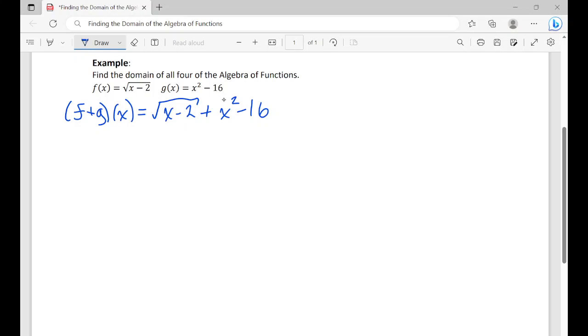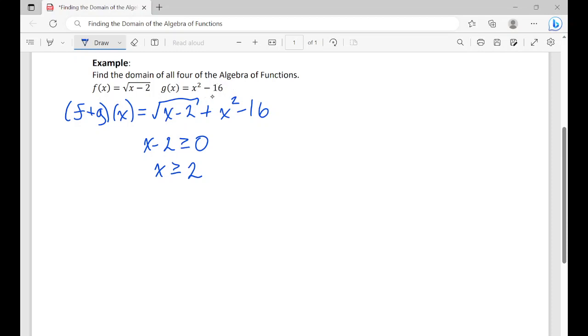In this case, we have no fractions to deal with, but we do have a square root, the x minus 2 over here. So we're going to take our x minus 2 and set it greater than or equal to 0 and solve. When we do that, we're going to get x is greater than or equal to 2. So this is the domain of this part of the function, but we also have our g function, which has no restrictions whatsoever.